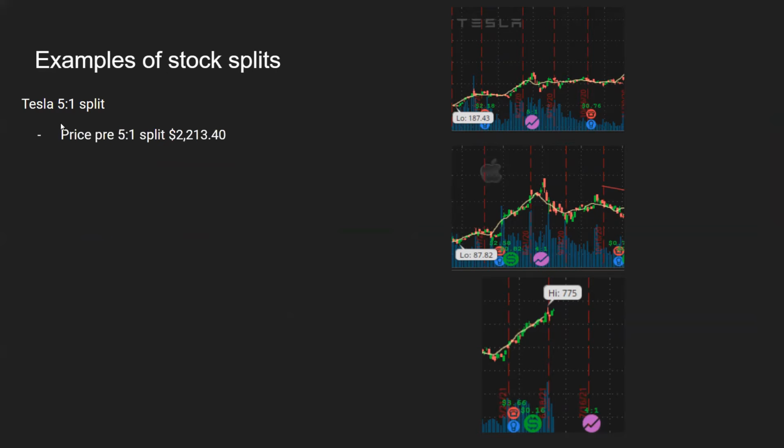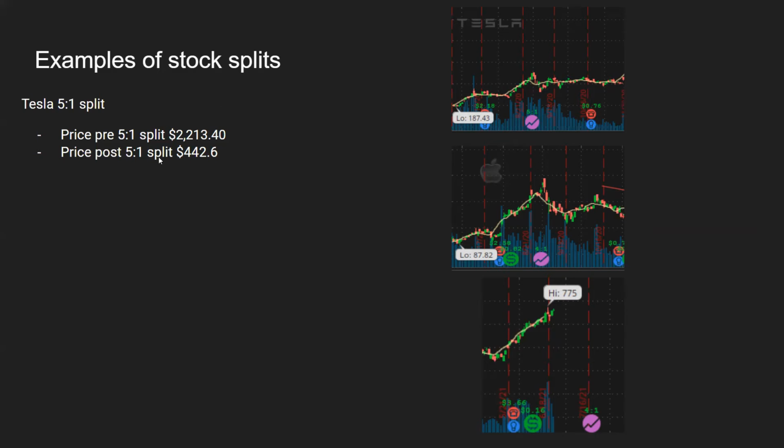So Tesla had a 5-to-1 split. The price before the split was 2,213. Now it's 5-to-1, so the price post-split is going to be this number divided by 5. After this date, there's a drop. Like I mentioned before, there's a bullish run up once they announce the split, and then right on the split date there's usually, now I'm not saying this 100%, a slight correction in the price.